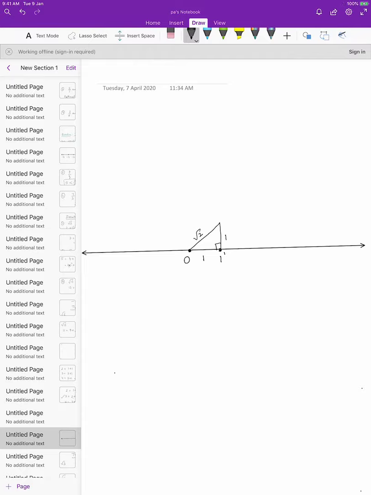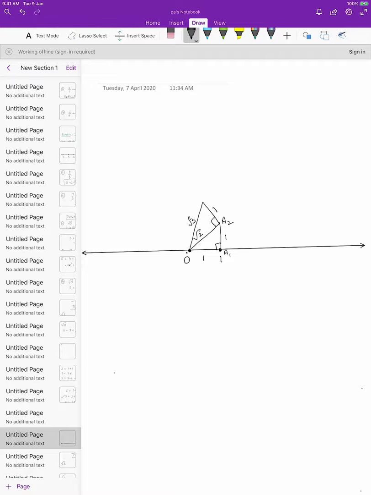Suppose I name this point as A1, this is A2. So by Pythagoras theorem, all of you know OA2 represents root 2. Then, instead of bringing it down on the number line, I take 1 unit perpendicular to OA2 only and I join them. So what will it give me by Pythagoras theorem? This will give me root 3.